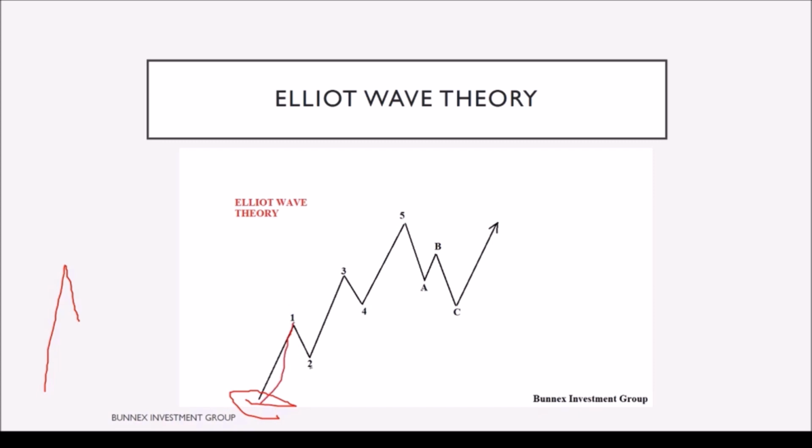A counter wave to number 2, then another wave to number 3, a counter wave to number 4, a wave to number 5, a counter wave to A, B, and C, and then continuation of the trend. So basically we will have 5 waves in order for us to deem the template complete.